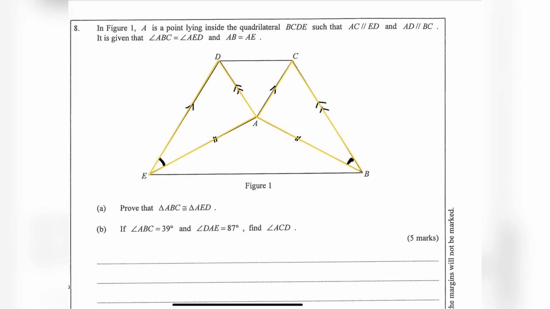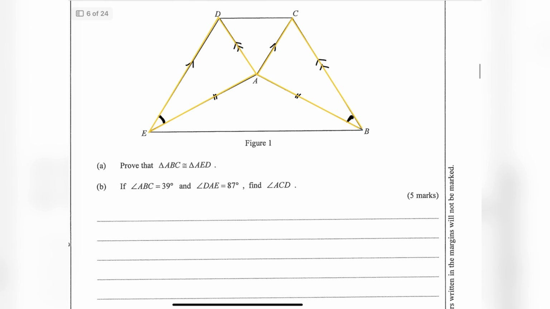For that, whatever is given, first we will take that. Angle ABC is equal to angle AED, that is given. The next thing, we know that the lines AC and DE are parallel to each other.